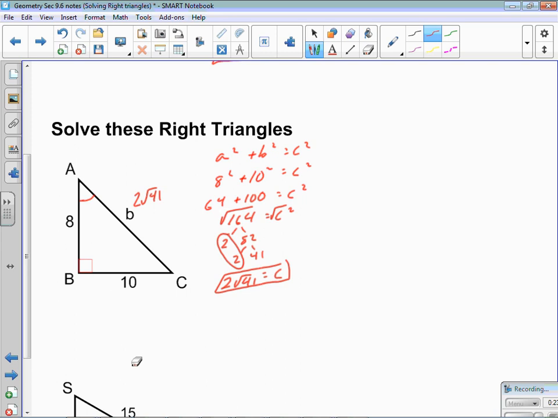We got 10, which is the opposite side, and 8, which is the adjacent side. So opposite and adjacent would be tangent. So I know the tangent of A is going to equal 10 over 8.